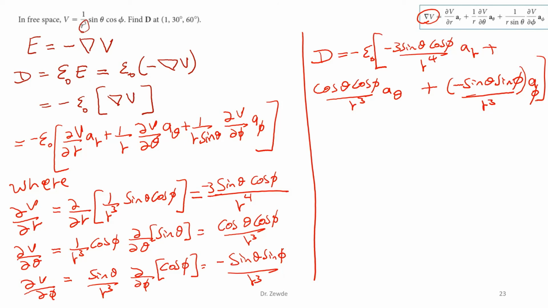So this is the answer. So this is D, the flux density vector for the given electric potential V.